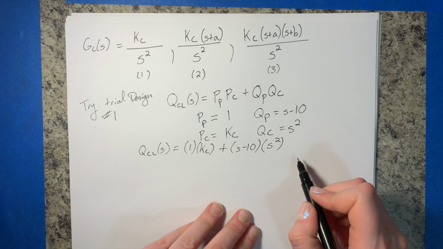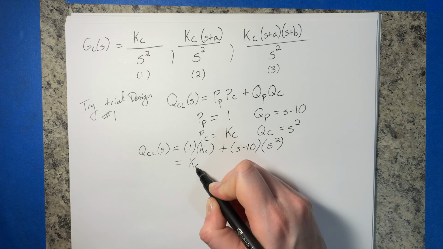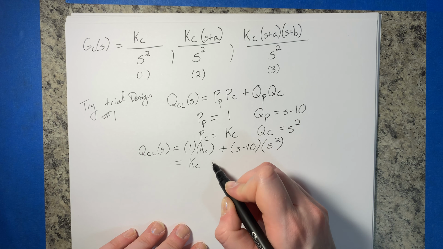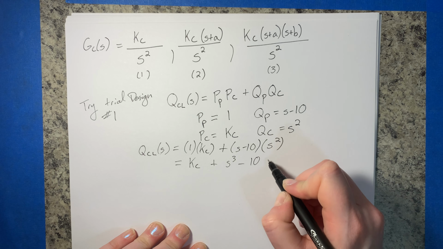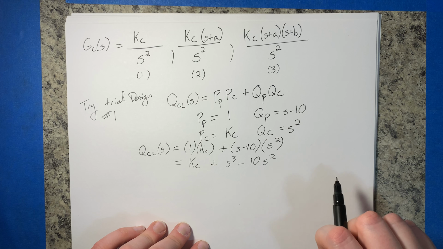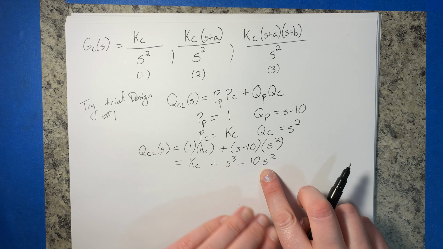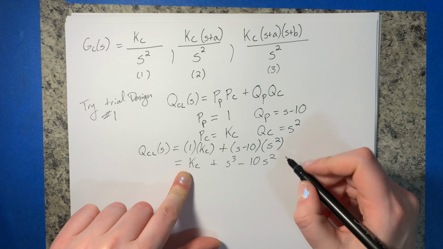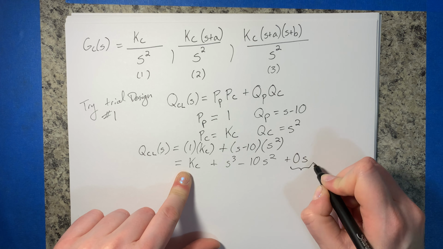Okay, so let's multiply this out. That's equal to KC and S cubed minus 10 S squared. And even if we wrote this in the descending order, where we had S cubed minus 10S squared and then plus KC, we can see that we are missing an S term.